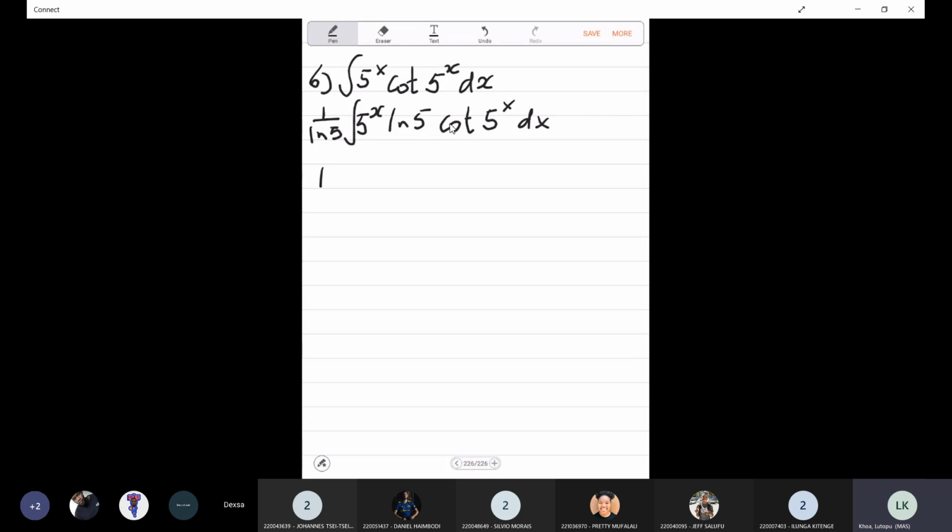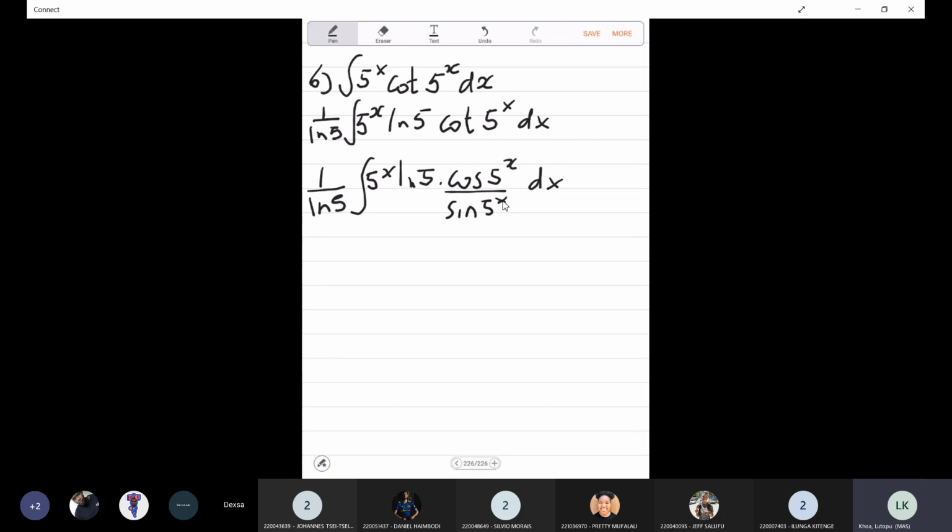So we have 1 over ln of 5, integral of 5 to the power of x ln of 5, and then cot, which is cos 5 to the power of x over sine 5 to the power of x dx. The derivative of sine 5 to the power of x is cos 5 to the power of x, 5 to the power of x ln of 5.